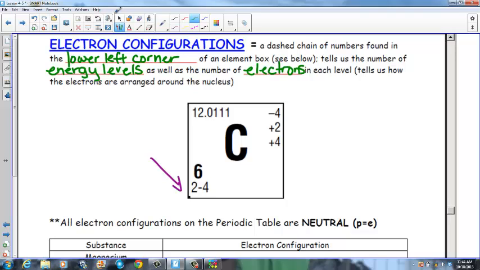So here we have 2-4. So this is telling us that we have a total of 6 electrons, okay, 2-4, right? If we say 2 plus 4, it's a total of 6 electrons. There are 2 orbitals, or energy levels we should say, and there are 2 in the first, and there will be 6 in the second.